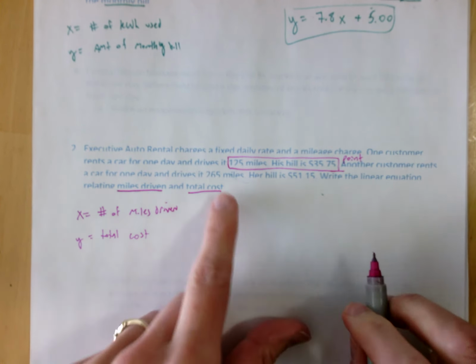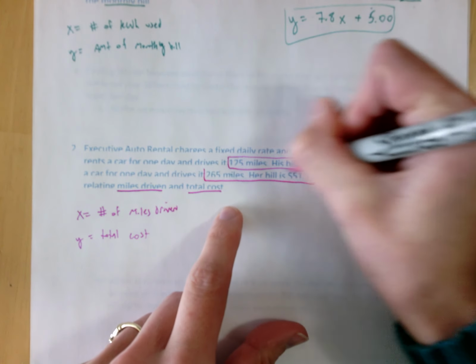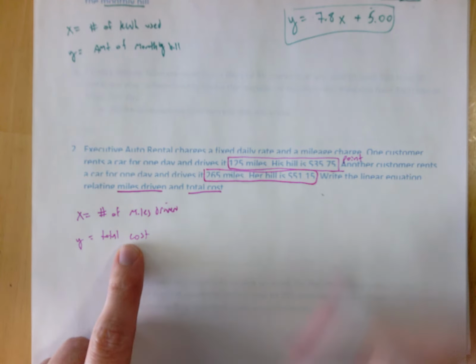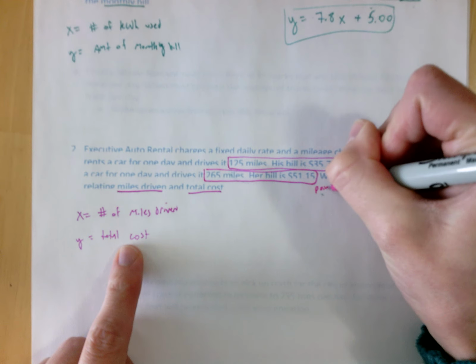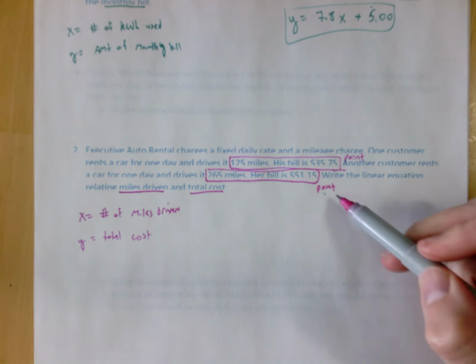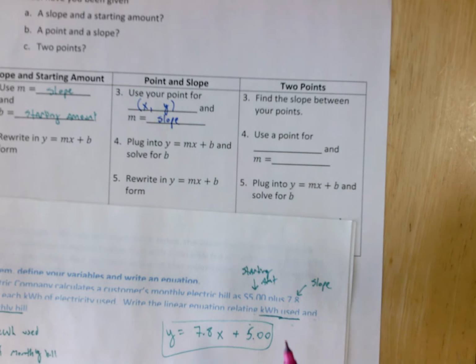And then a little further in the problem, they told me that for this many miles, it cost this much money. So again, that's relating the two things that we said were our variables. So that is also a point. So this problem gave us 2 points, and that is the third type in our notes.